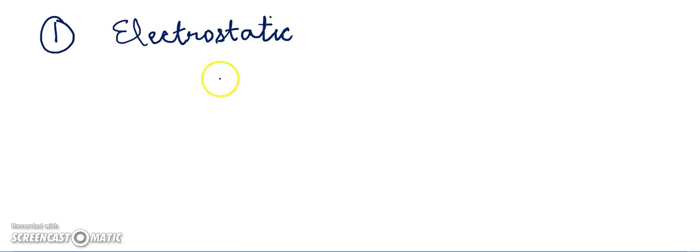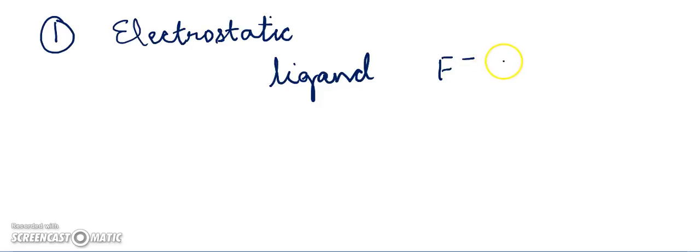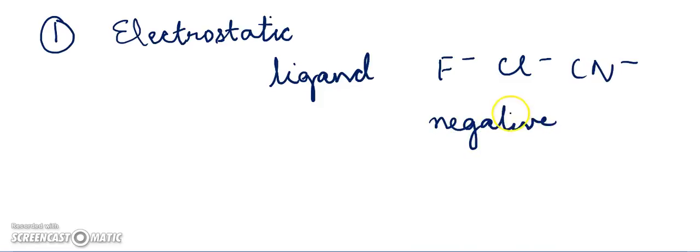So this theory regards the ligand atoms of ionic ligands such as fluoride, chloride, cyanide as negative point charges. As negative point charges. Fine.